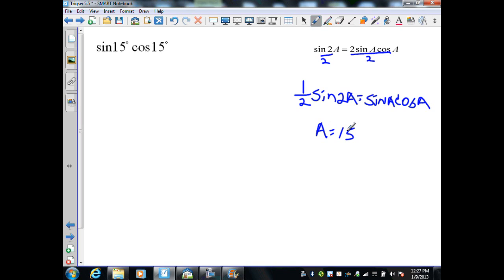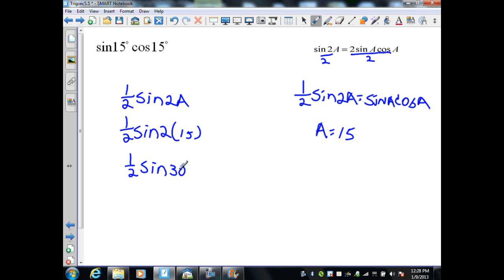Therefore, I could substitute that value into 1/2 sine 2A. That gives me 1/2 sine 2 times 15, which is 1/2 sine of 30 degrees. And from our unit circle, I know sine of 30 is 1/2. So I have 1/2 times 1/2. Therefore, my solution is 1/4.